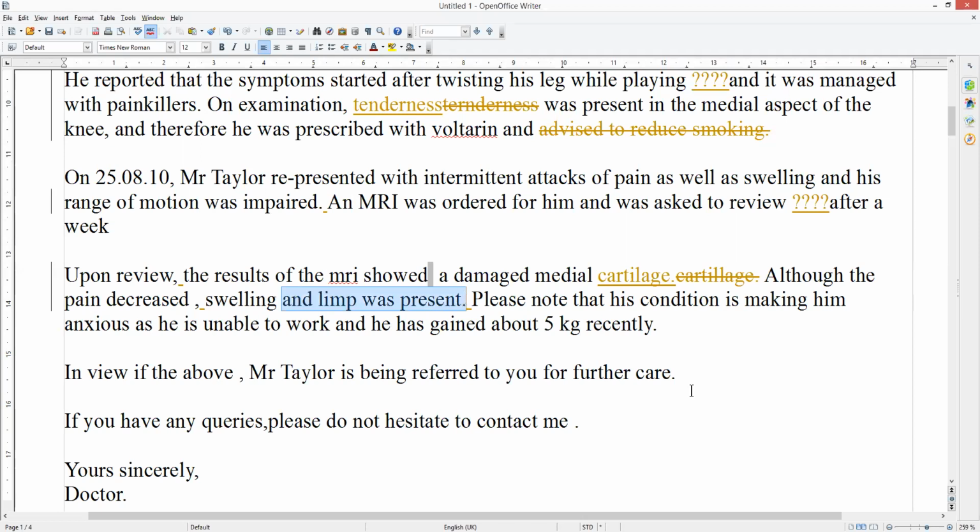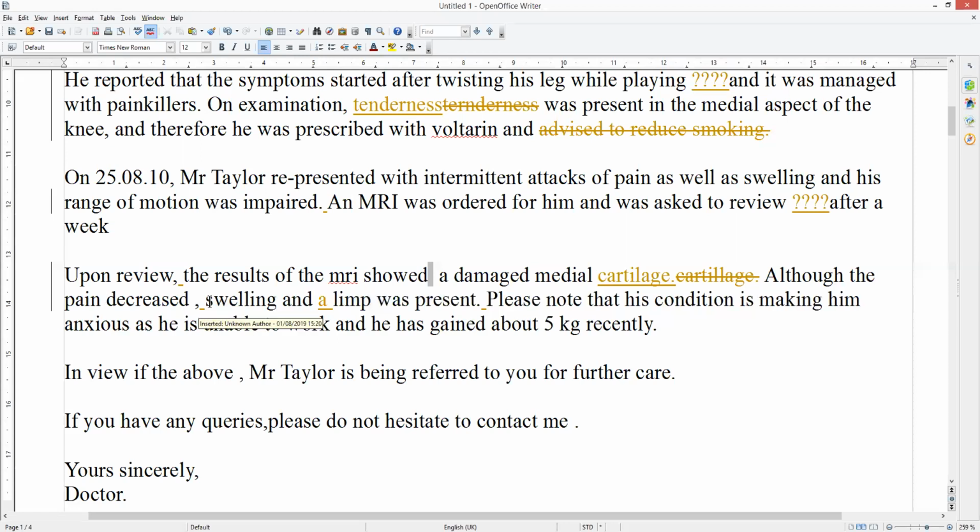And limp, so he has a limp, okay, it's countable, but limping. So although the pain had decreased, I would probably make that past perfect.